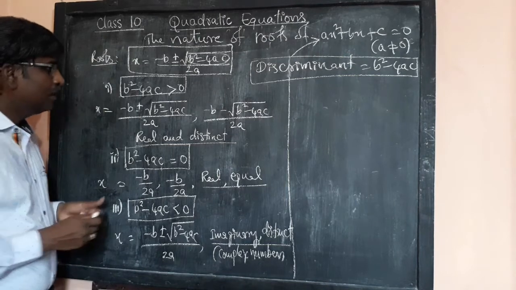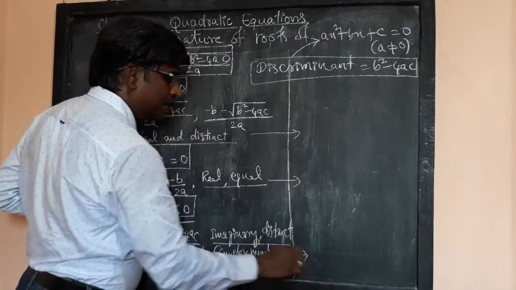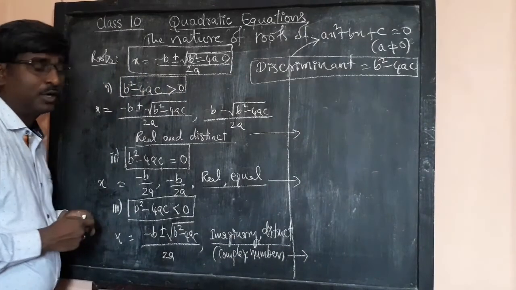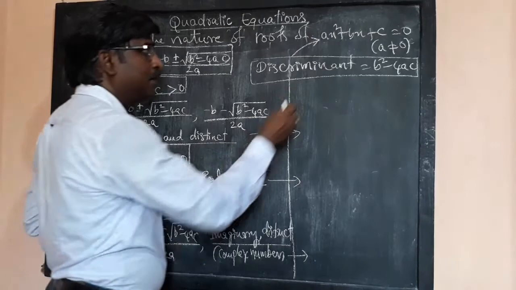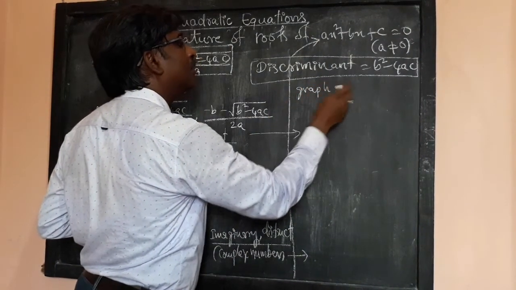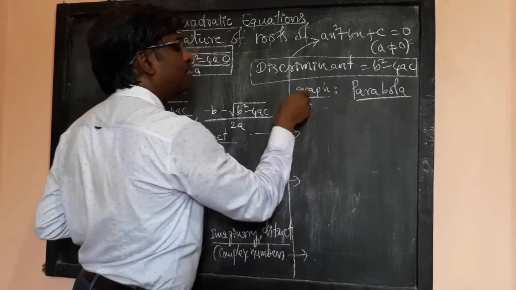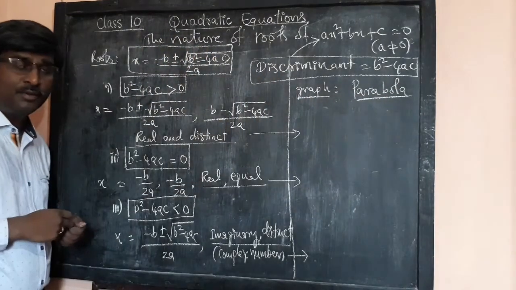Now in these three cases, let us observe the graph of the quadratic equation. We know that the graph is always a parabola. Graph of a quadratic equation is a parabola.